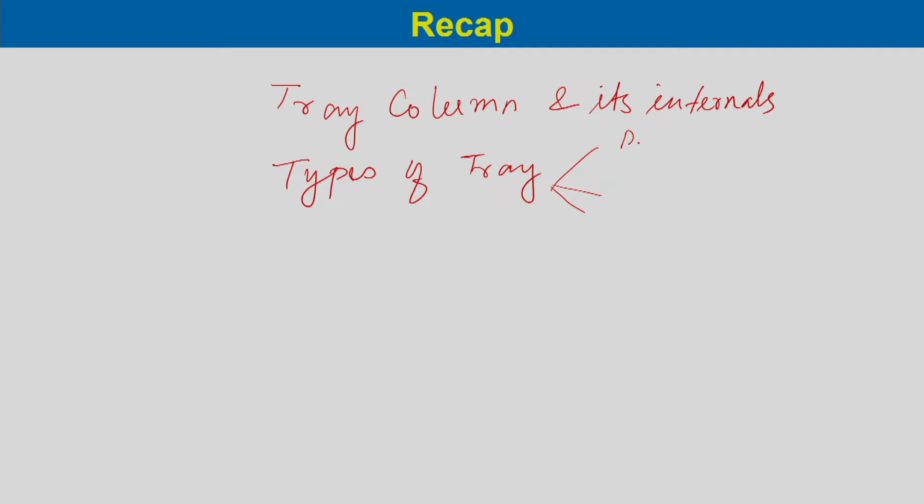One is bubble cap, then sieve tray, and then valve tray.